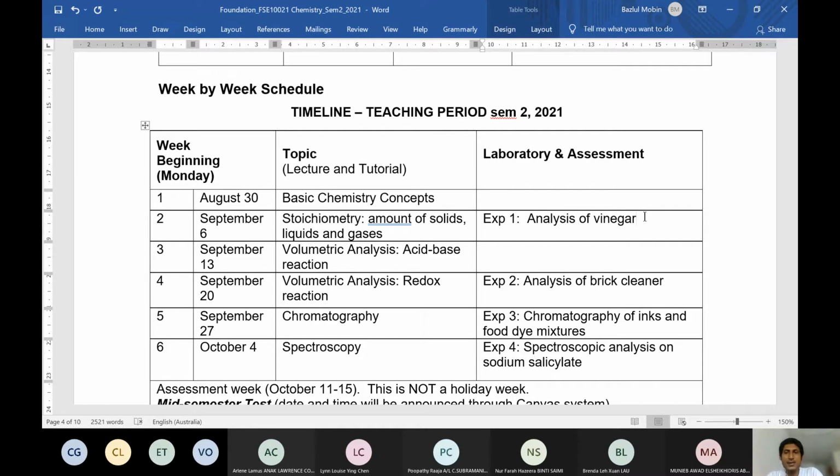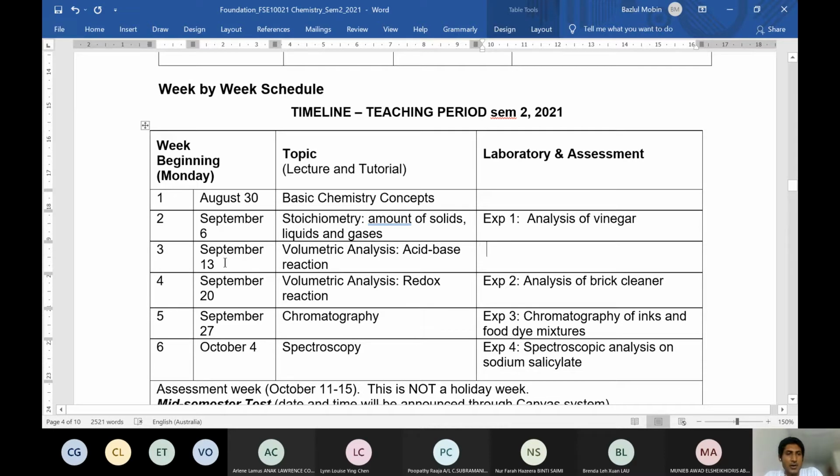We drink lemon juice, we drink this vinegar, we have the acid in our stomach, but that does not mean that we can just drink any acid or put it on our body. No, no, that is dangerous. There is a limit. So we want to try out how much acid we have in our drink that we'll be drinking.